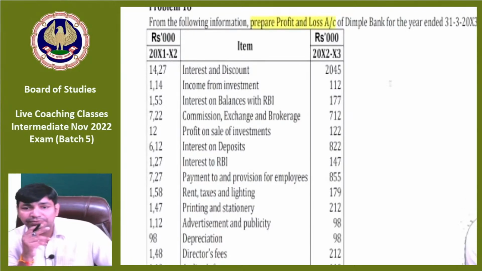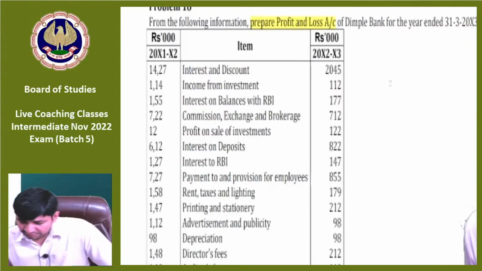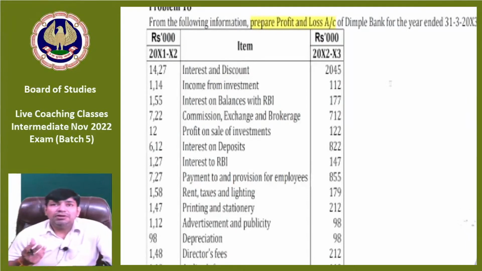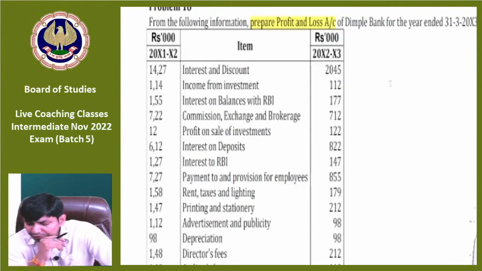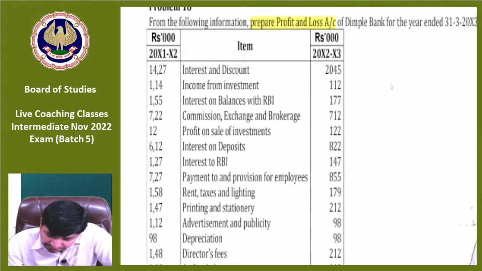Profit and loss account of Dimple Bank. Maybe I have never heard about this bank. Anyways, Dimple Bank is the name. Profit and loss account is to be prepared. How will you prepare profit and loss? As per Form B. Definitely as per Form B. Form B will apply.